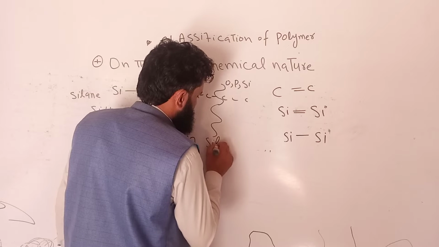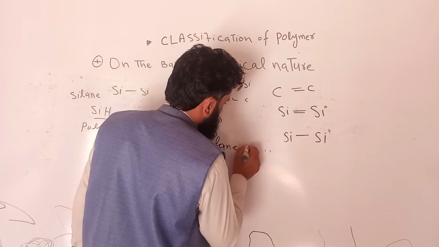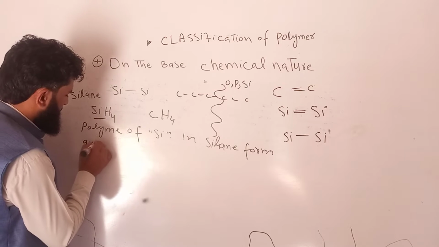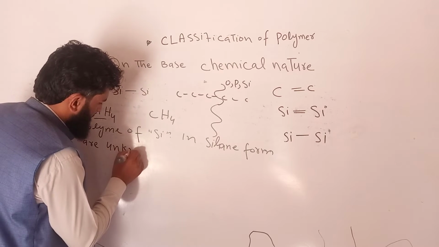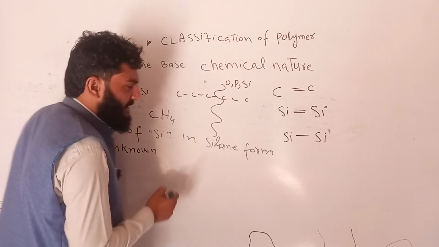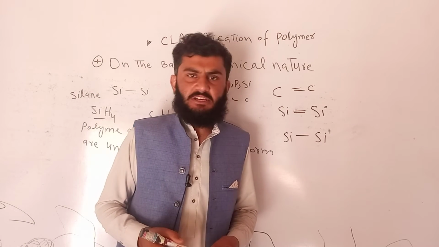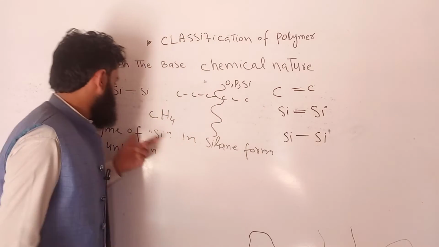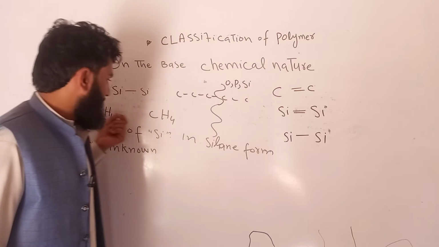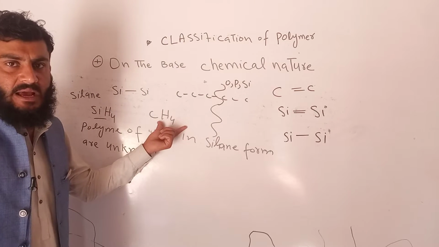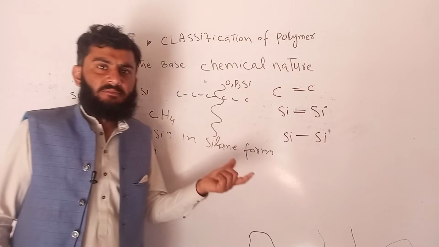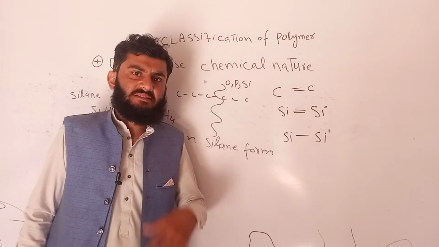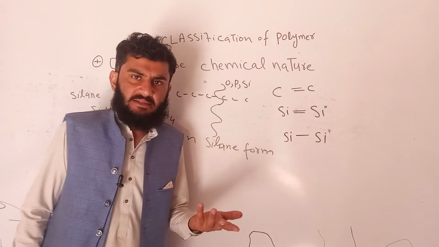in silane form, are unknown because they are unstable in long chain form. I want to repeat, silicon can form SiH4 and carbon also forms methane, but carbon atoms can form long chain carbon bonding, as you can see in graphite and buckyballs.